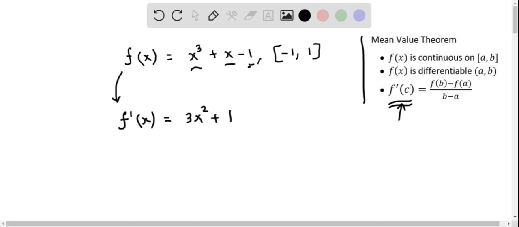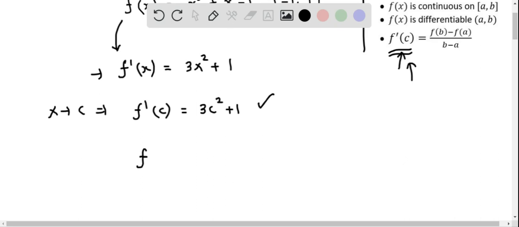Now since we want f prime of c, we replace x by c in this derivative function. So f prime of c equals 3c squared plus 1. So in the conclusion of the mean value theorem, we have determined f prime of c, and that means we can use this equation, f prime of c equals f of b minus f of a over b minus a.